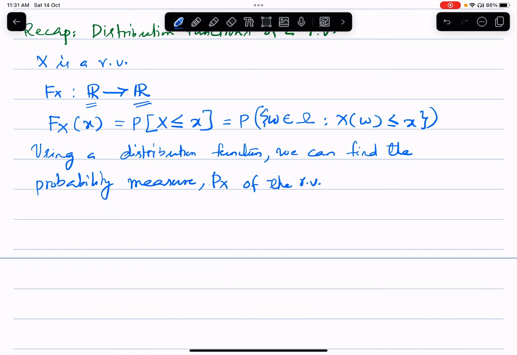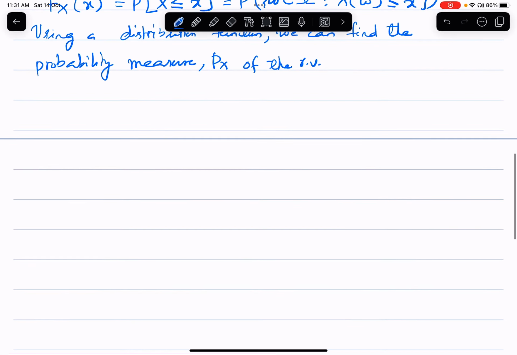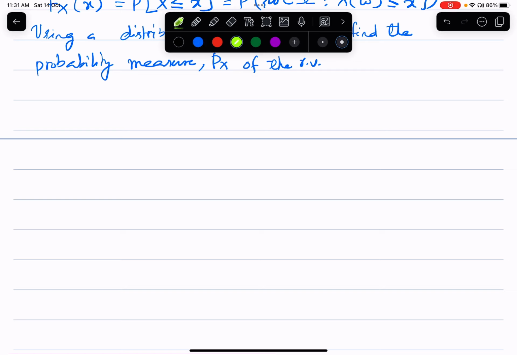Now there are some properties. A function can be called a distribution function if it satisfies some properties. Let's take a look at them. What are the properties? Properties of distribution function.